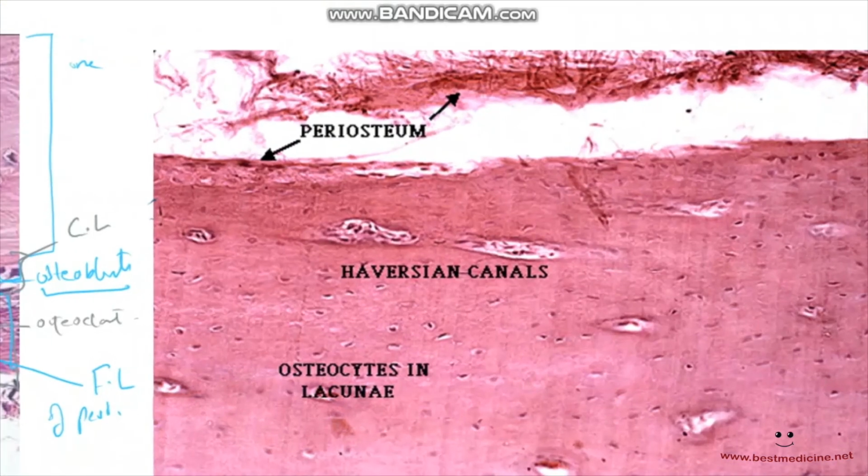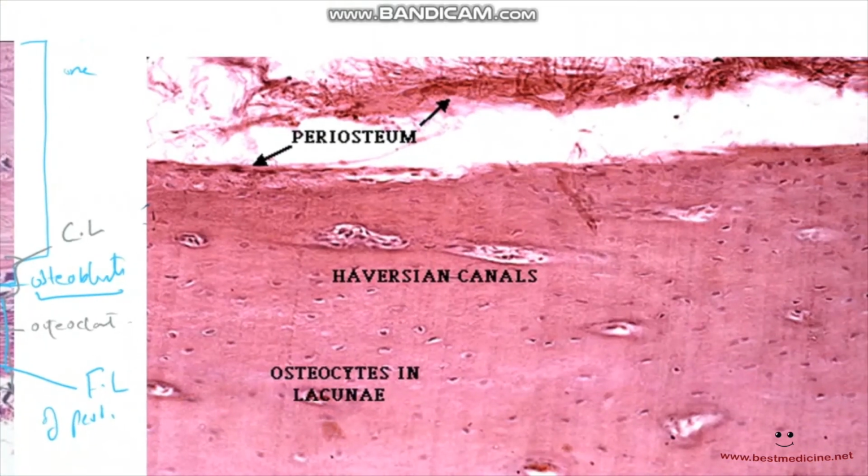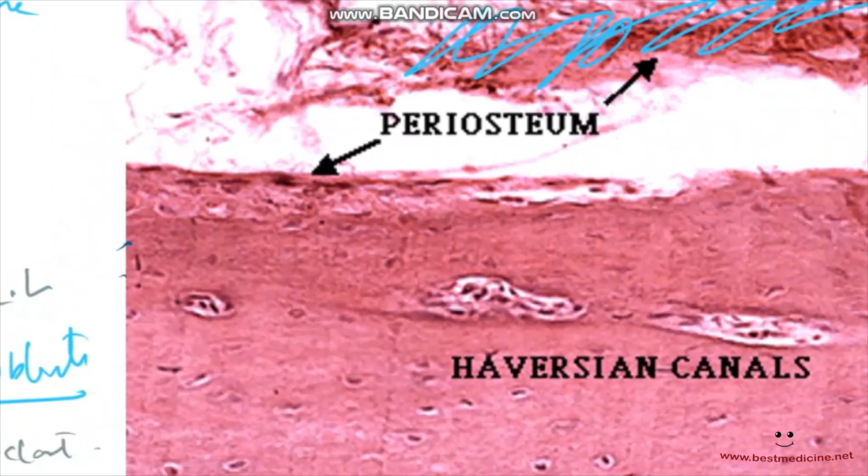Right here, this time they have mentioned the 2 layers. We have the fibrous layer of the periosteum, and then we have simple cuboidal cells. Let me zoom this in. We see some densely stained cells, like here.